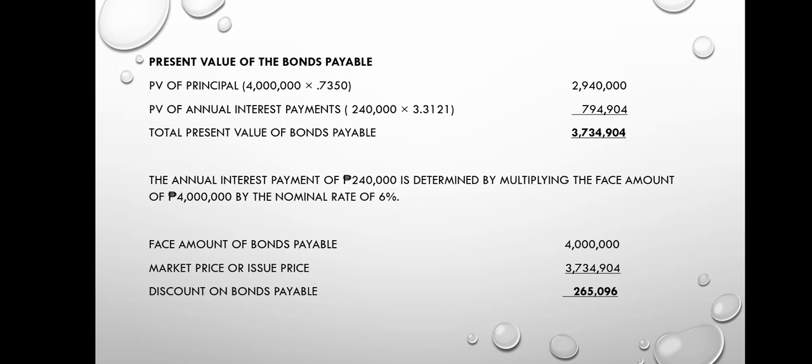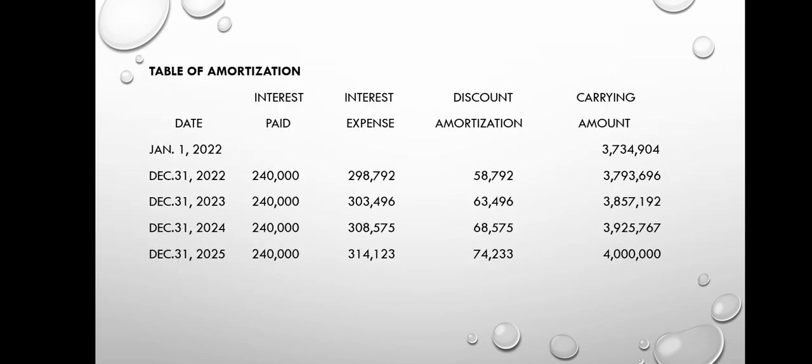Then we add the two, which results in the present value of bonds payable of 3,734,904. The discount on bonds payable is getting by deducting the market price or issue price of 3,734,904 from the face amount of 4 million, for a total of 265,096 pesos.